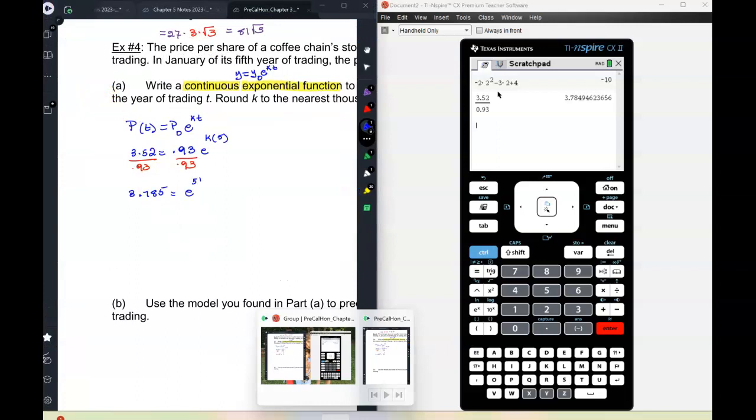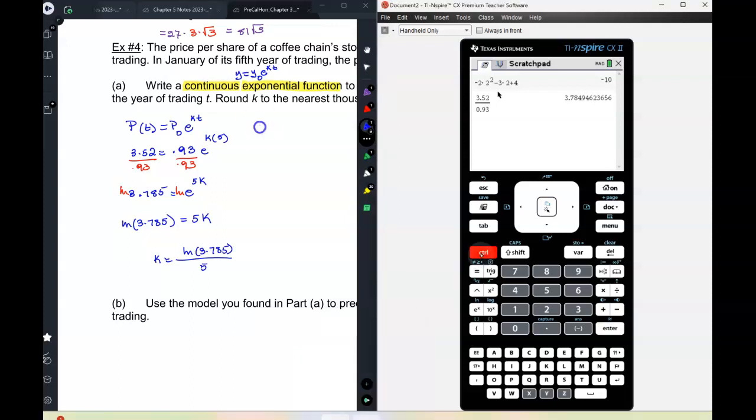e to the 5k. Take the ln of both sides. So I get ln of 3.785 equal to 5k. K is ln of 3.785 over 5. So here, take a look.